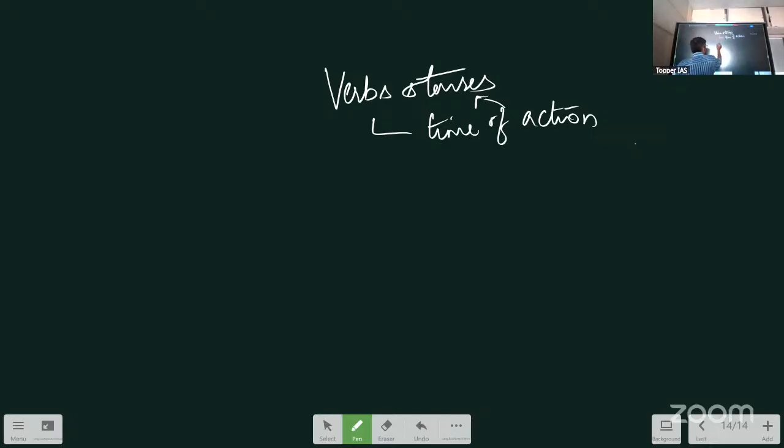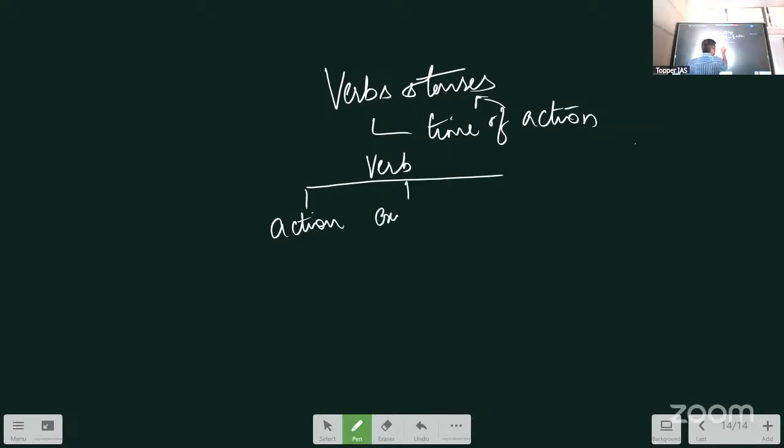Now, the other thing that you should also know is verb can denote action, it can denote existence, it can denote possession.